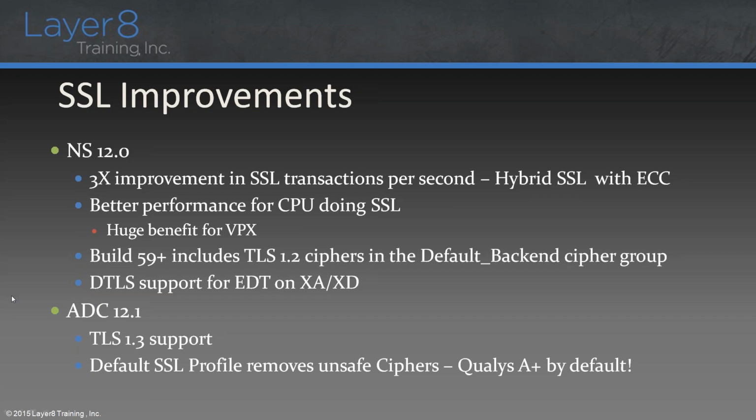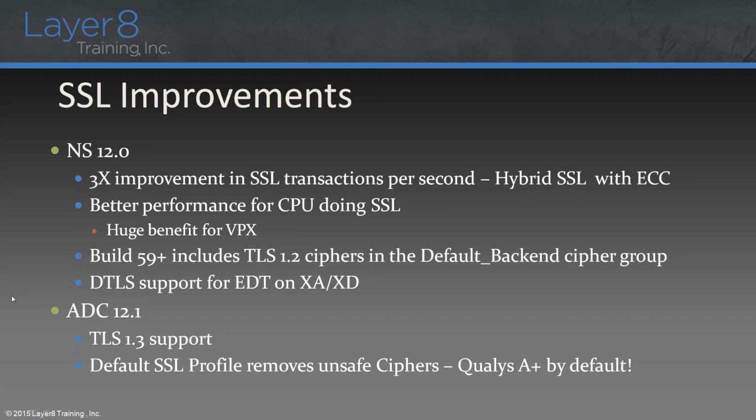They've gone in and really removed some of the unsafe ciphers that we've had in the back end. Sometimes people say, well, why are they not going in and updating this? The NetScaler is a very additive product. And so what was a good idea at a certain point in time sticks with that over time. And then eventually we have to come in and correct for that. And they've done that in 12.1.